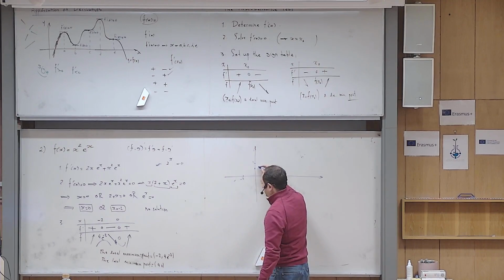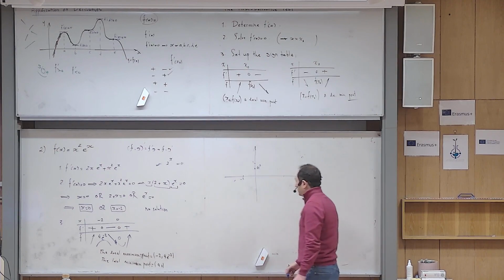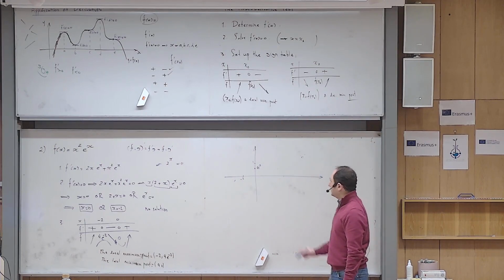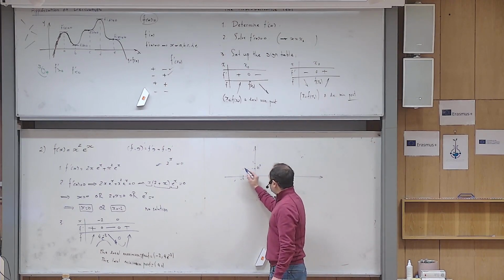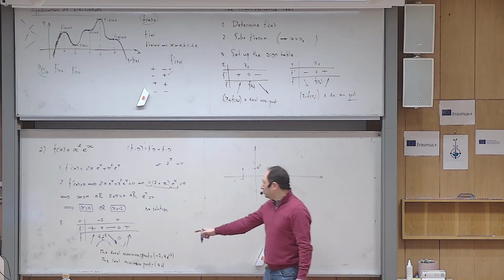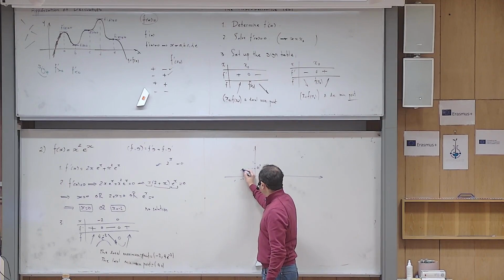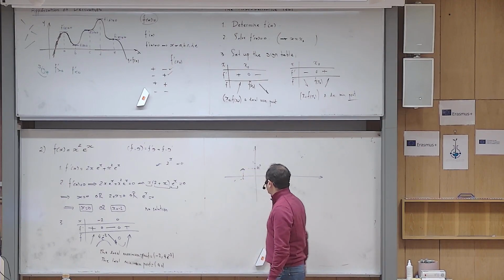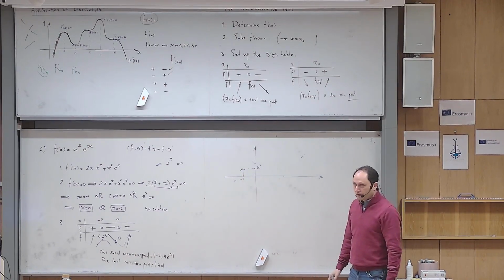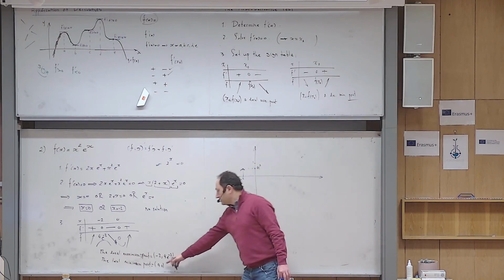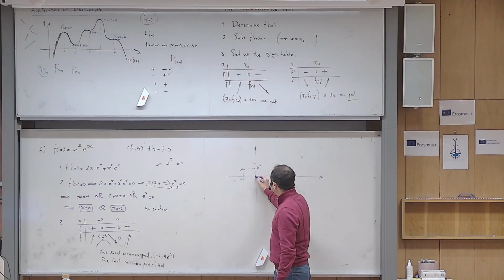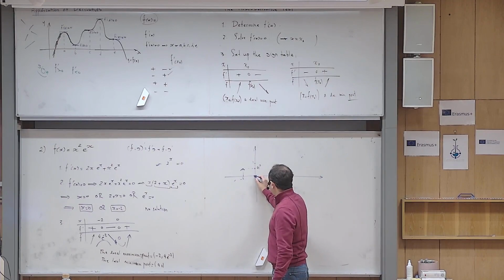So let us say that this is 4. I don't need to be very careful about these points. Okay, so that point is that point, and that point is a local maximum point. So I know that in the vicinity of that point, I have this behavior. And then I have 0, 0, which is a minimum point, and I know that in this vicinity, I have this one.